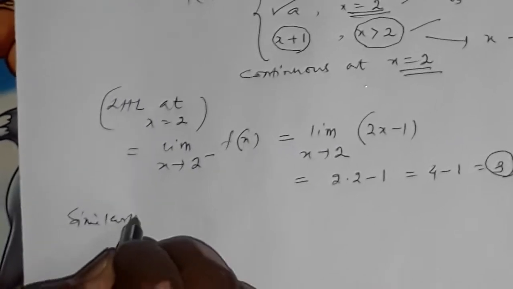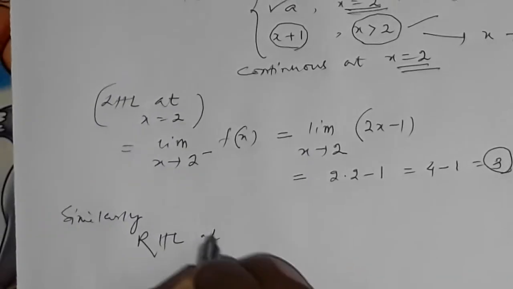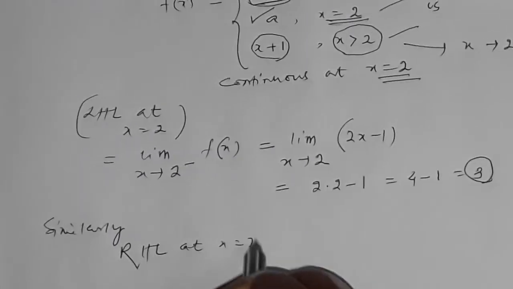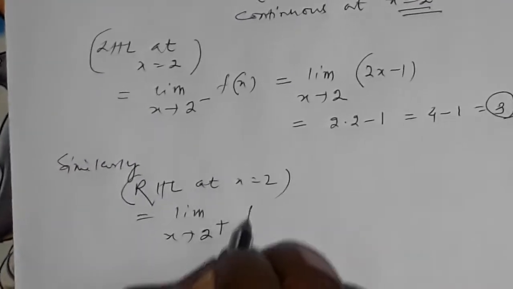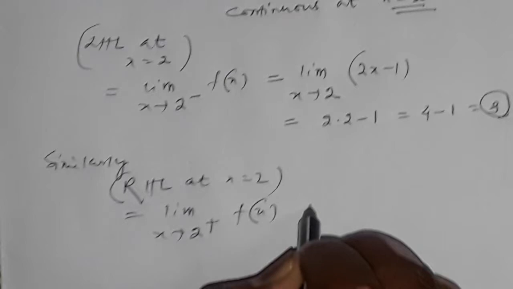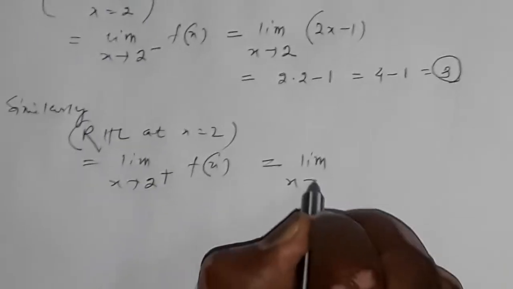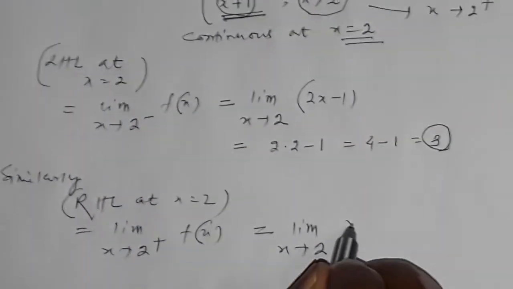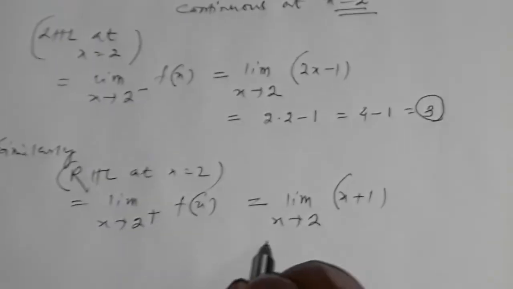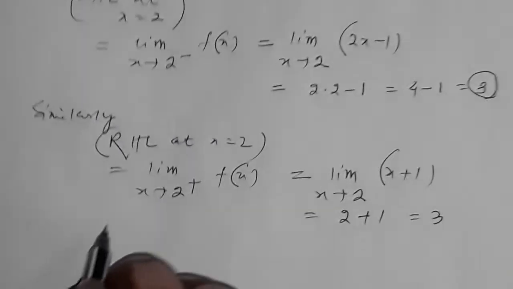Similarly, RHL of f(x) at x equals 2. Limit x tends to 2 plus of f(x) equals limit x tends to 2 of x plus 1, which equals 2 plus 1 equals 3.